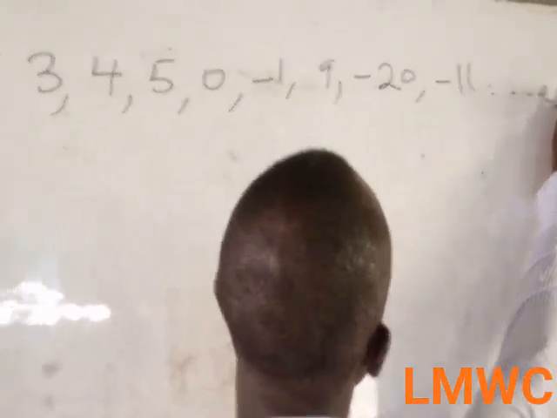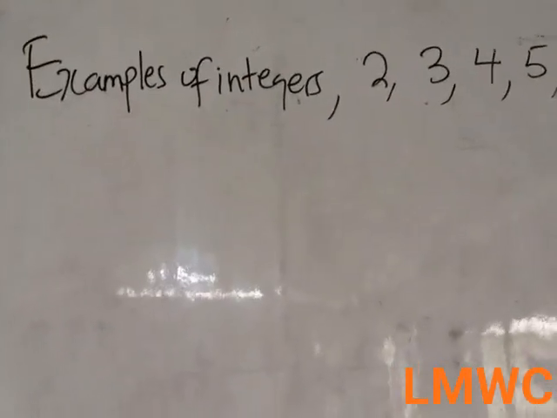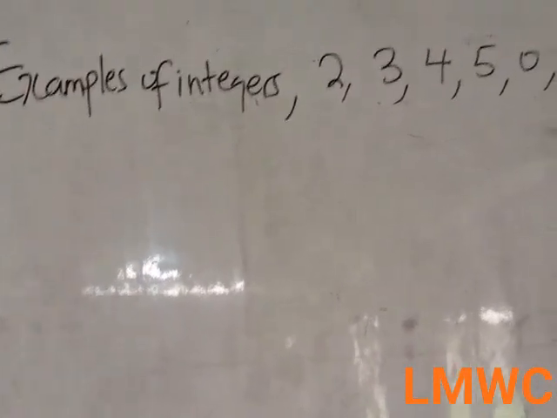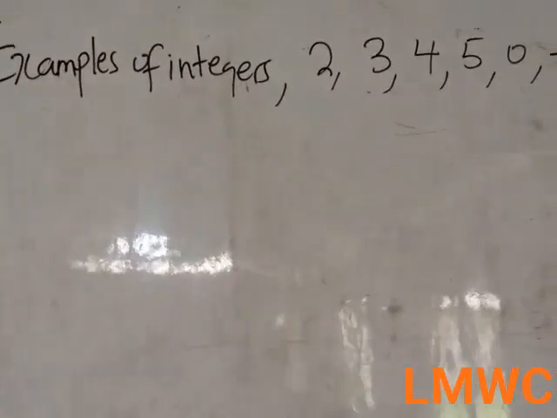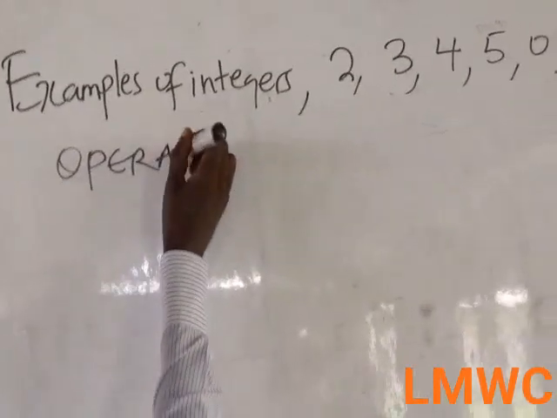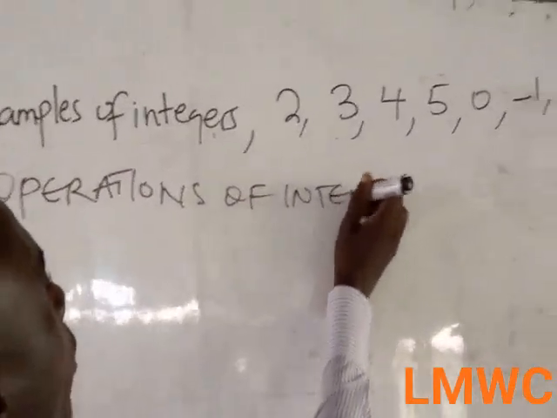So we have plenty. These are examples of integers. So we now know the meaning of integers and we know some examples of integers. Let us move on to operations of integers.